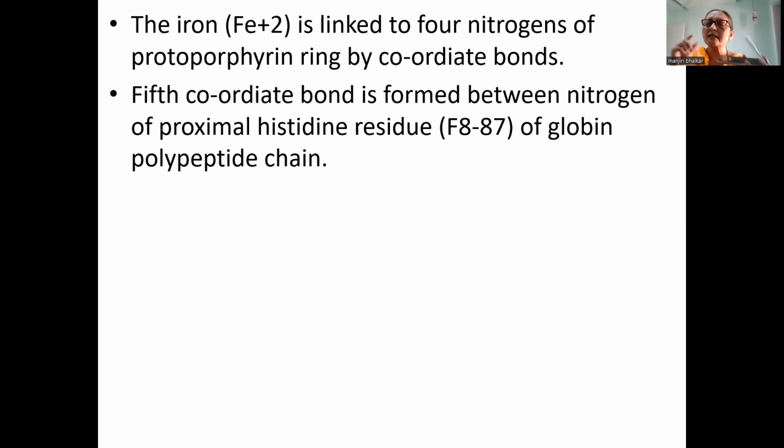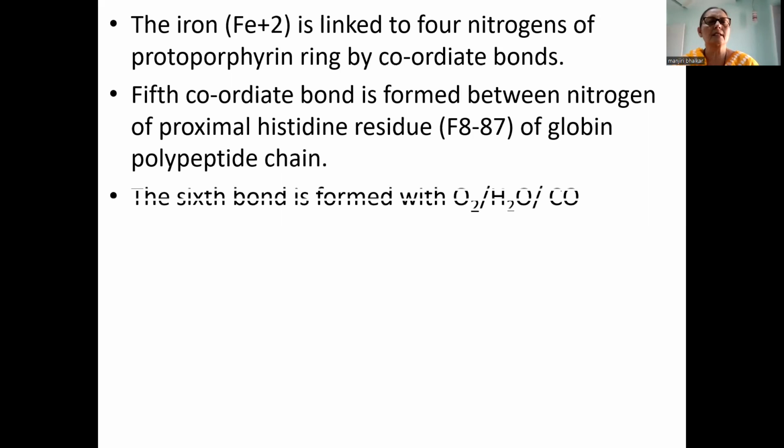Now what about the 6th coordinate bond of the iron? This 6th coordinate bond can be formed with oxygen, water or carbon monoxide. That is how hemoglobin can carry oxygen.